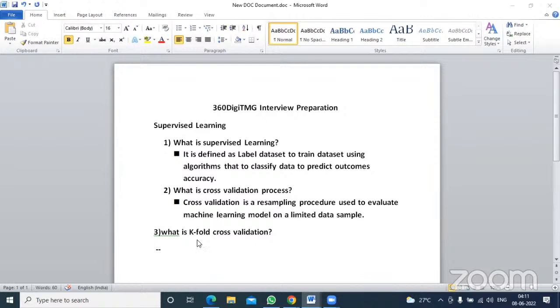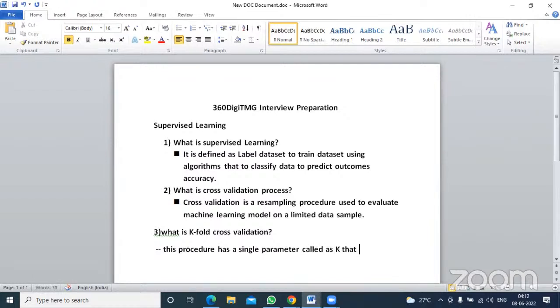See, k-fold cross-validation is the same as a validation we normally do, but with a single parameter, which is called K. What does it refer to?